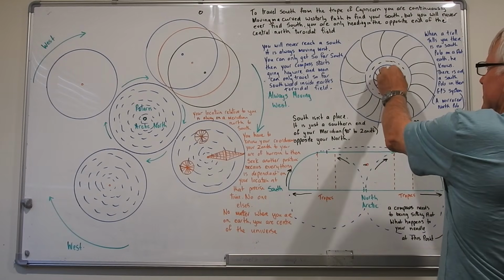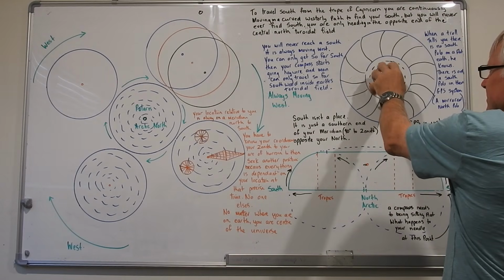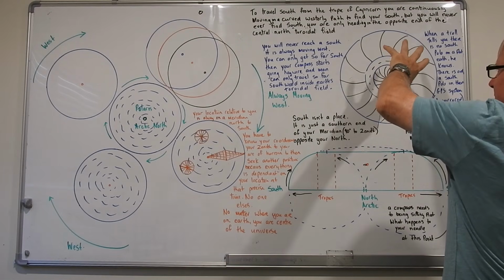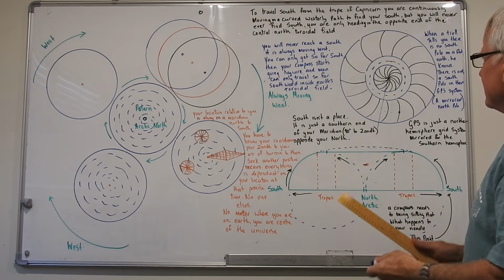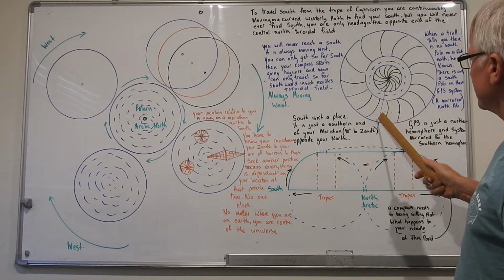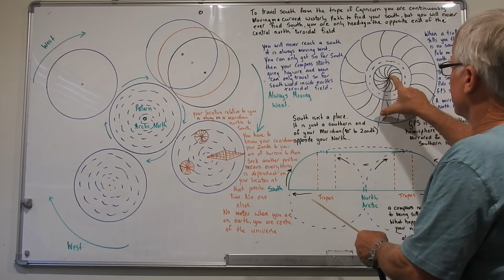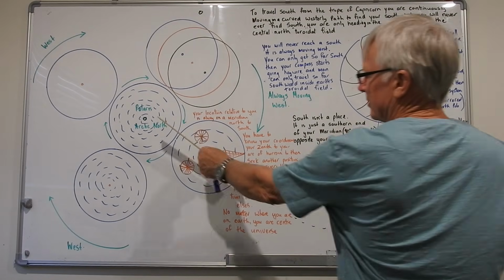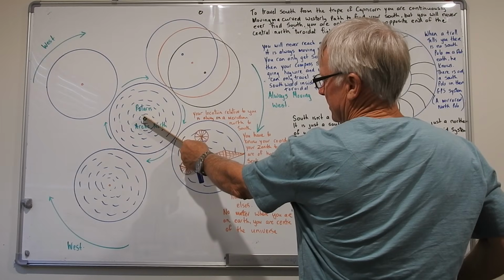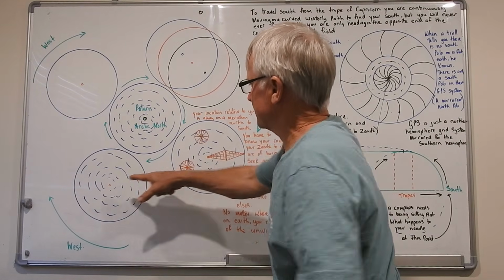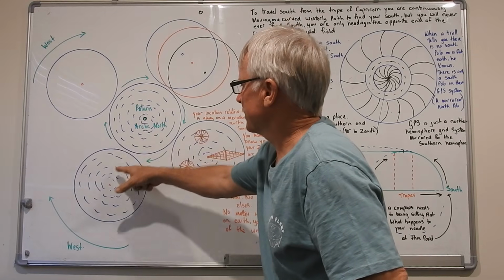Because all the energy is coming out of here in the toroidal field. It's all coming out, spiraling out. And it heads this way, south. And because you're getting two rotations like this, lining up, no matter where you are around Earth, you've always got a southern and a northern direction.